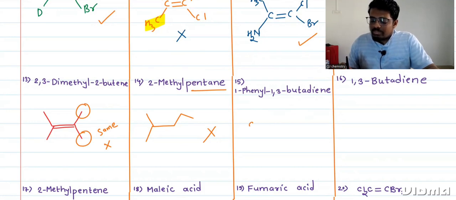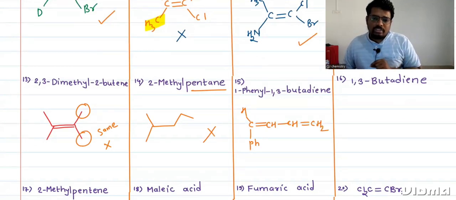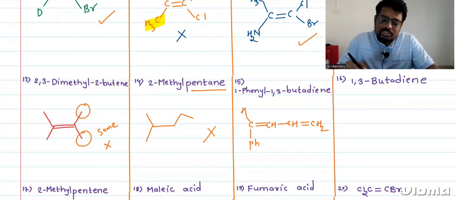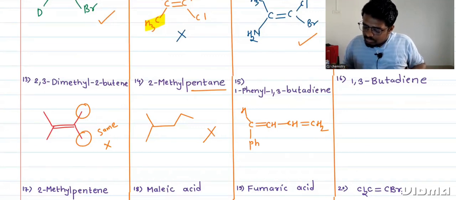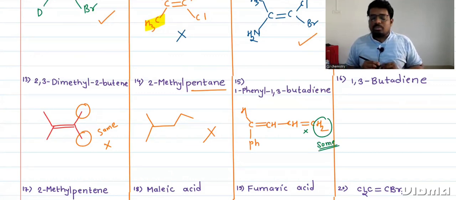Next, butadiene is given, and one phenyl. So at carbon number 1, there is a phenyl. 1,3-butadiene, right? Yes. In this system, 1,3-butadiene with a phenyl group at carbon 1, 2 double bonds are there, so we have to check each individual double bond. Around the terminal double bond, there is no geometrical isomer because the same, identical hydrogens are attached to the carbon-carbon double bond.